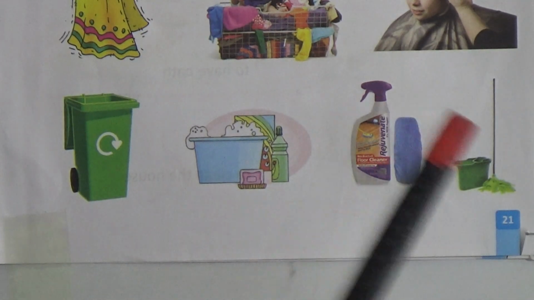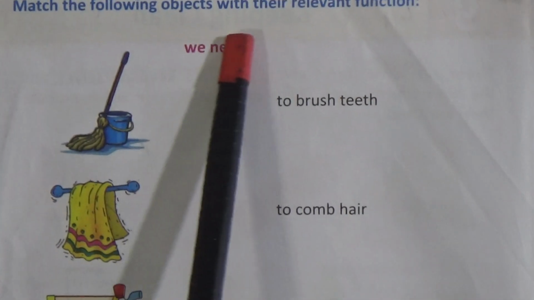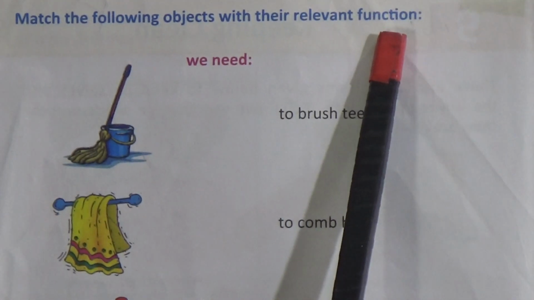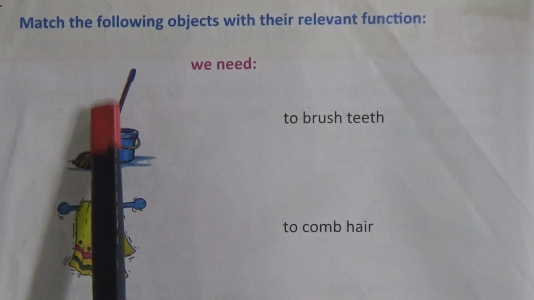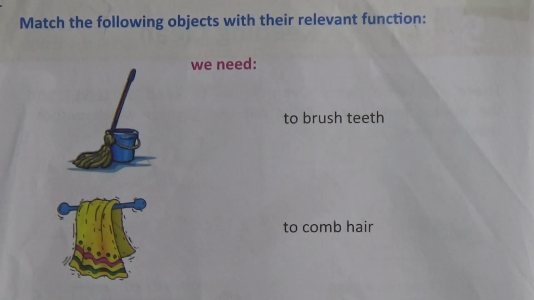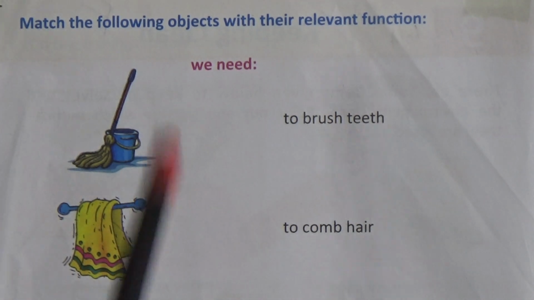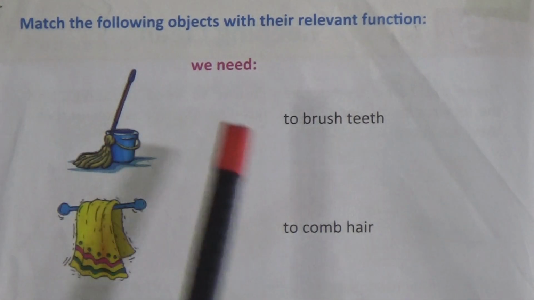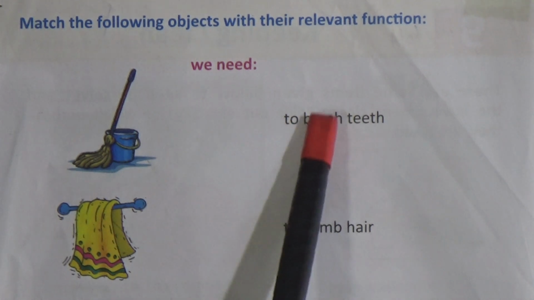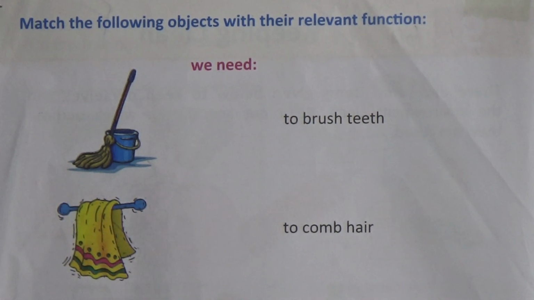Now come to page 22. Students, look here, there is a matching. Match the following objects with their relevant function. Now we will do this match. At first look at what is written here. We will match this writing with these pictures.